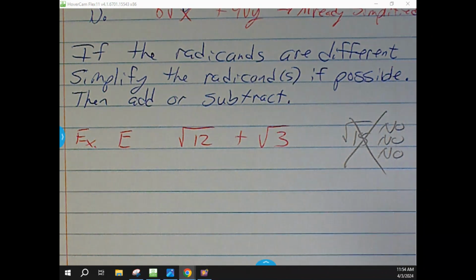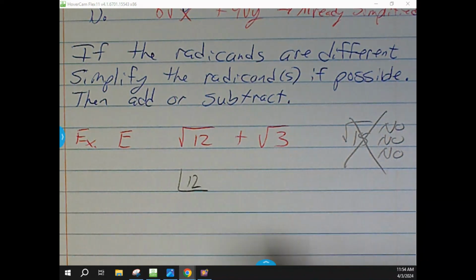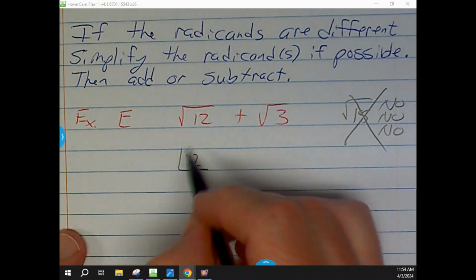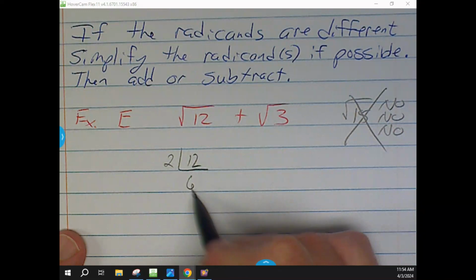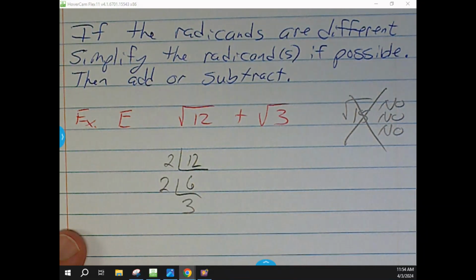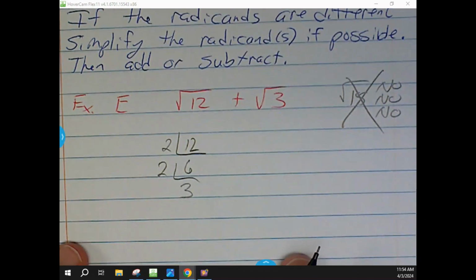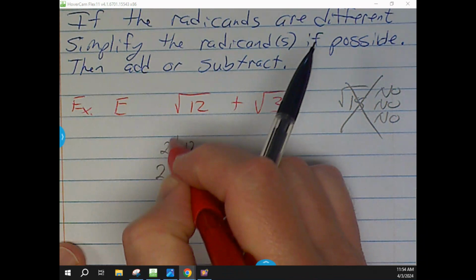You can do this one a couple of different ways. If you want to do the stack or the ladder method like we did before, or if you want to do the factor tree, you can. 12 is even. You can divide it by 2 to get 6. 6 is even. Divide it by 2 to get 3. So if we do 12, we've got a pair of 2s, right?